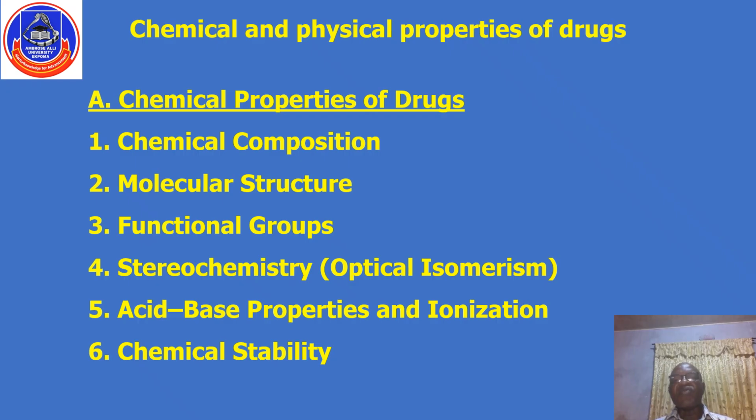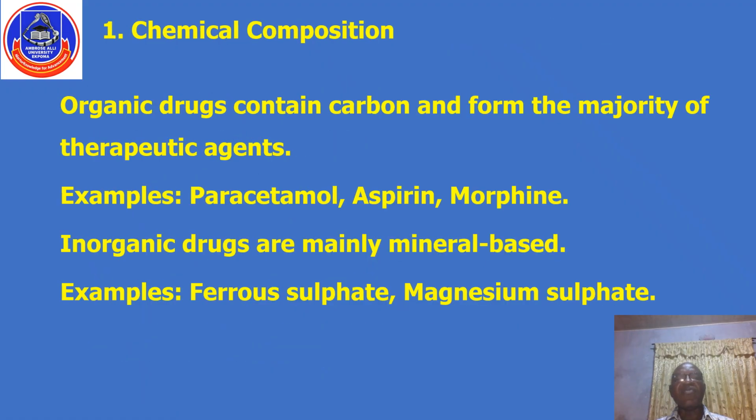The chemical properties of drugs, which are examined, include chemical composition, molecular structure, functional groups, stereochemistry or optical isomerism, acid-base properties or ionization, then the chemical stability. Now let's examine these one after the other, starting with chemical composition.